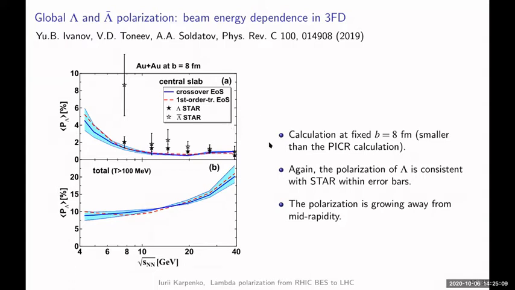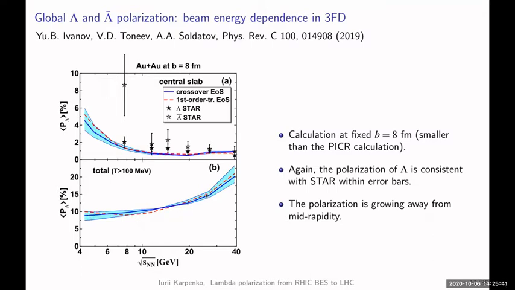The other conclusion Iurii Ivanov was drawing is that he was looking at the whole system, not only mid-rapidity. He showed that if you look at the whole system, the polarization of lambdas is actually growing away from mid-rapidity. The bottom part of the plot shows the polarization of all lambdas, not only at mid-rapidity.